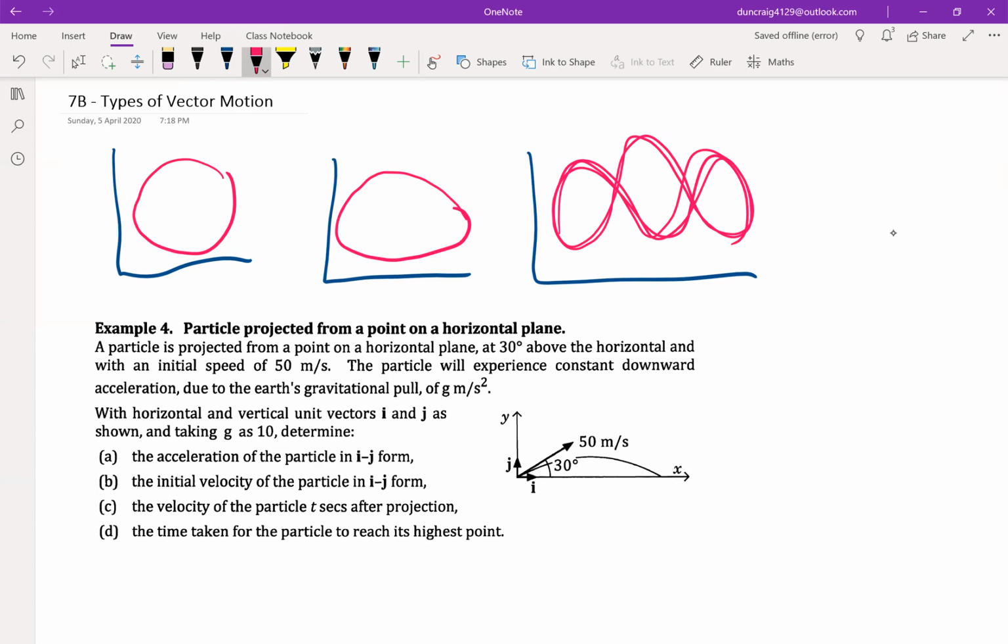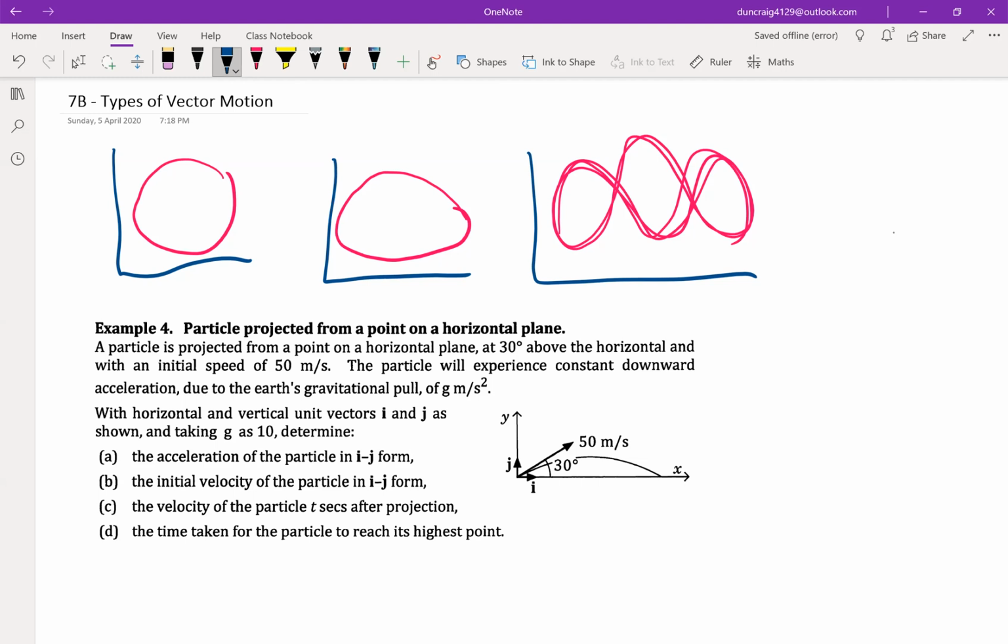And so I'm just going to go through two examples here. There's a lot of different styles of questions in this chapter. There's also one, which I'll do a separate video for, projectile motion up an inclined plane.